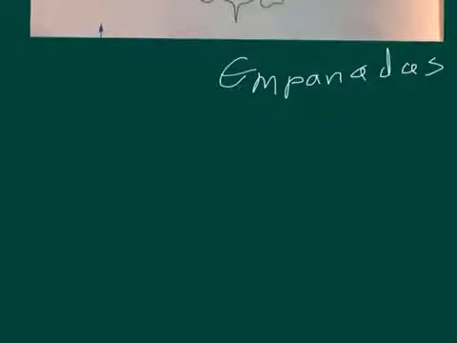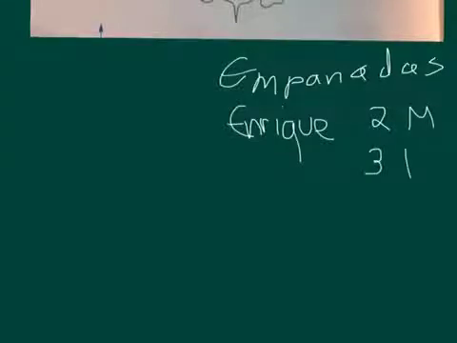So let's just say we collected some information and we did a study on Enrique, and we found out that Enrique eats 2 empanadas on Mondays, and he eats 3 on Tuesday.